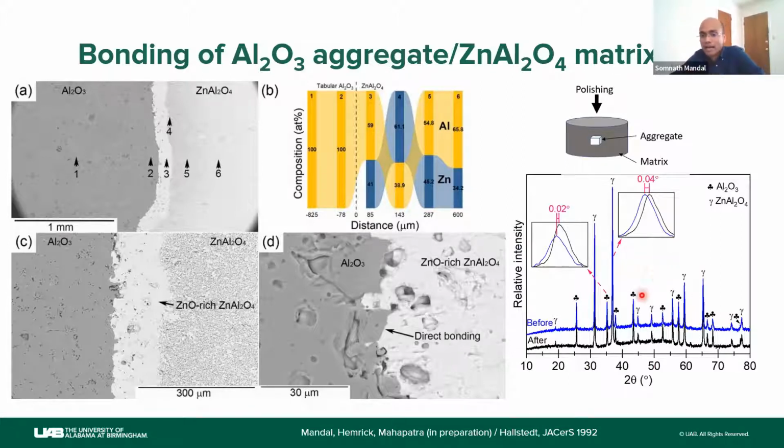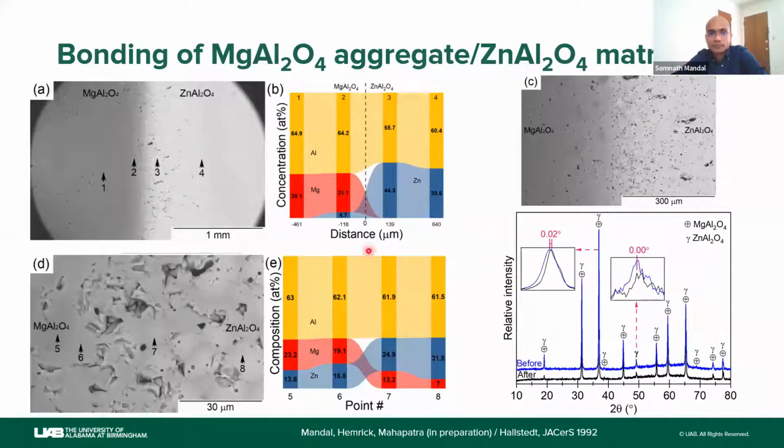We will compare it with magnesia-chrome later on. But the main takeaway message is that there is direct bond formation between tabular alumina aggregate and zinc aluminate matrix due to this solid solution formation as well as this interfacial phase change.